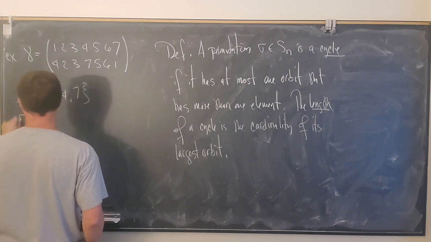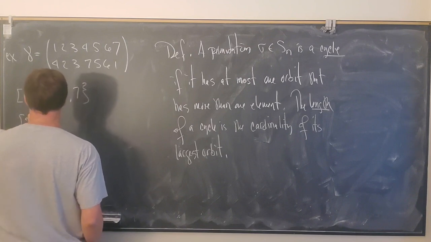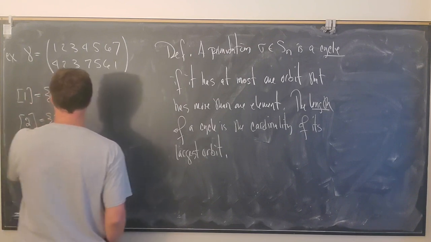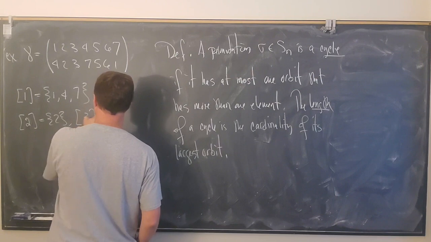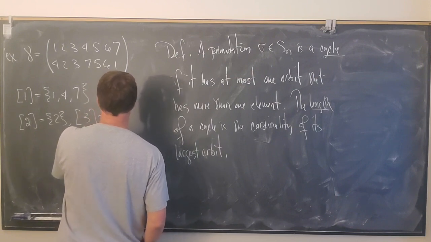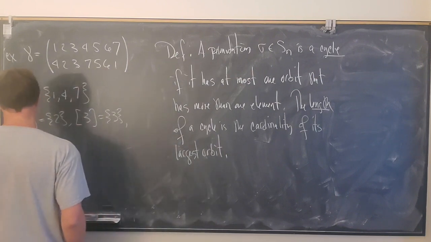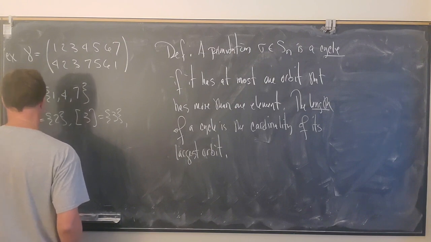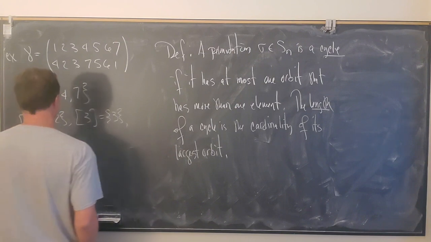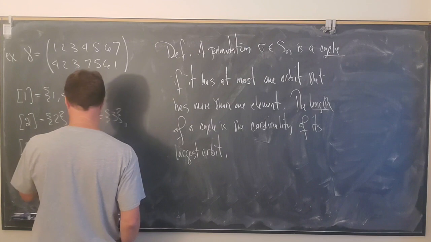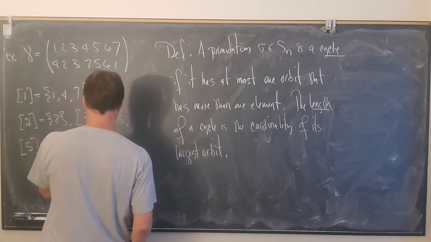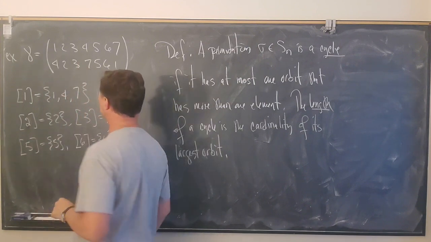So orbit of 2 is 2. Orbit of 3 is 3. Orbit of 5 is 5. And orbit of 6 is 6. And so what does that tell me then?